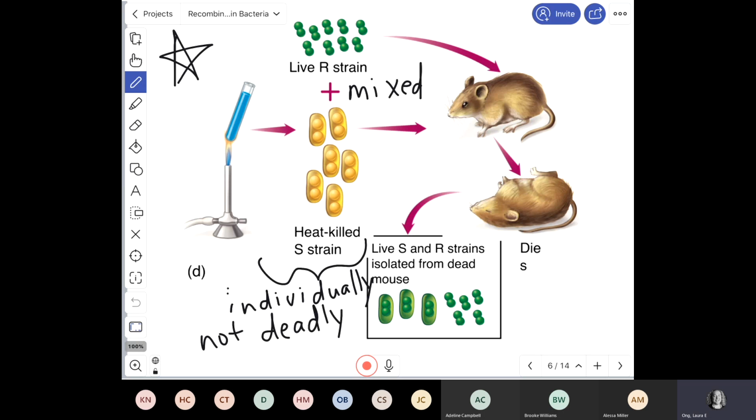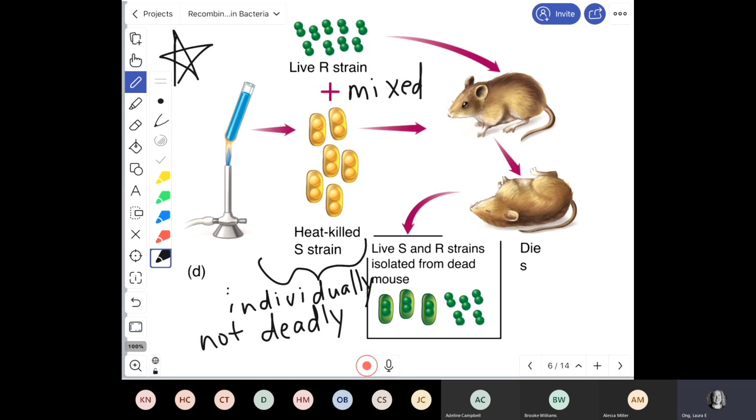But Griffith knew that individually these are not deadly. He decided to mix them together, put them in the mice, and he discovered that the mice were dying. And this is the kind of result that when you get it, you think, well, maybe I did that wrong. So he did this multiple times, found that the mice were dying, and then he decided to check their blood.